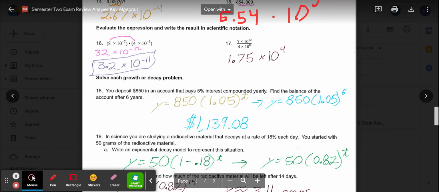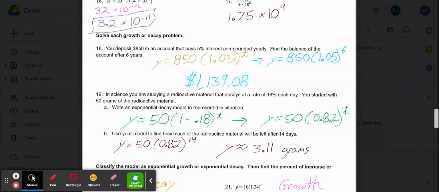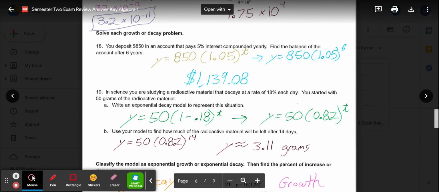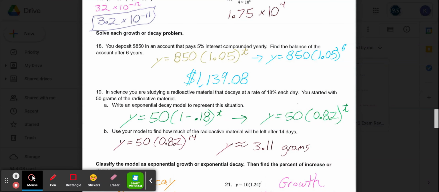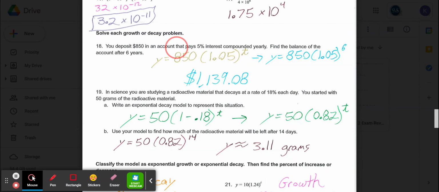And moving down to our word problems, exponential growth or decay. So in these cases, we want to use those formulas where it's y equals c, and then 1 plus the rate in parentheses to the t power. So in 18, 850 is our initial deposit.